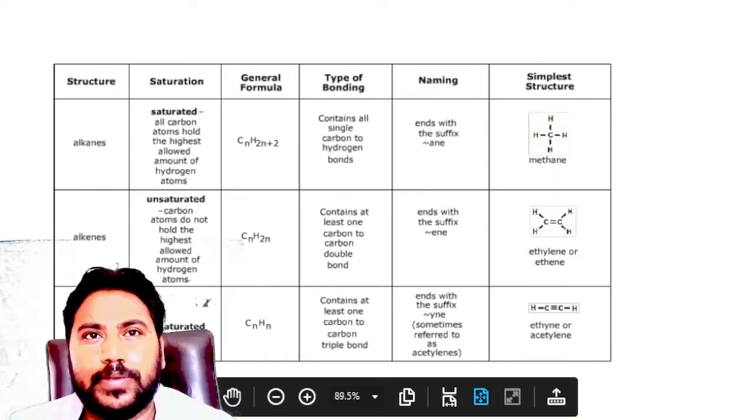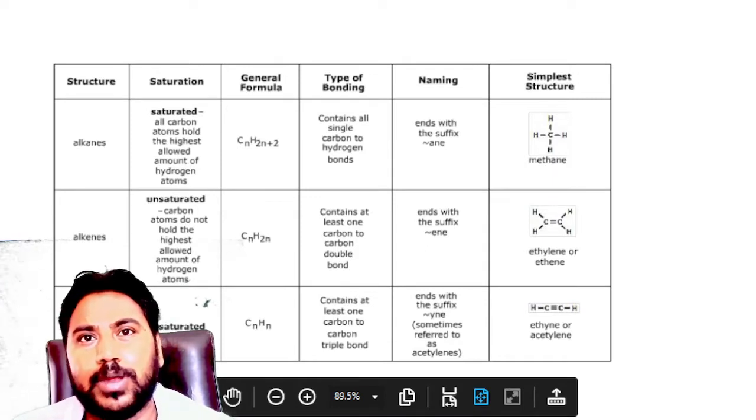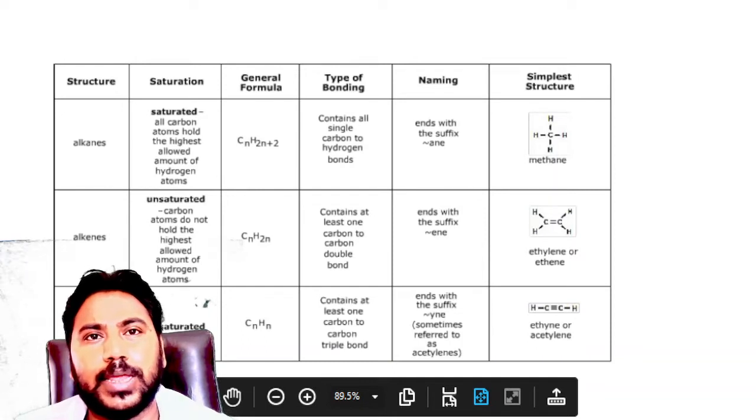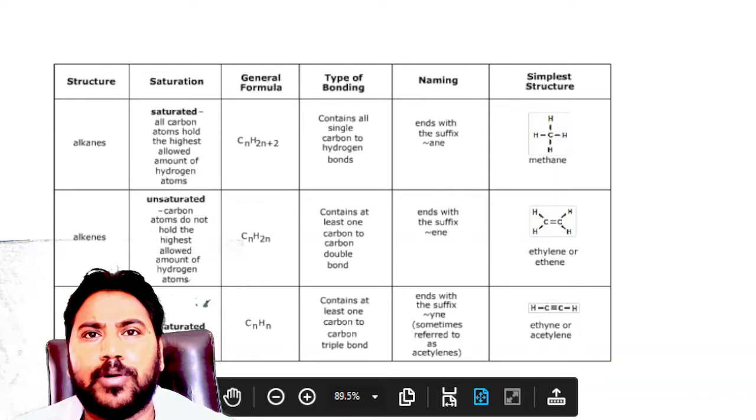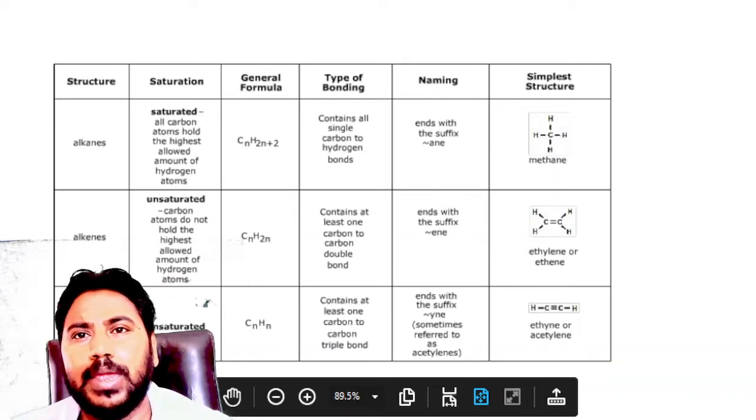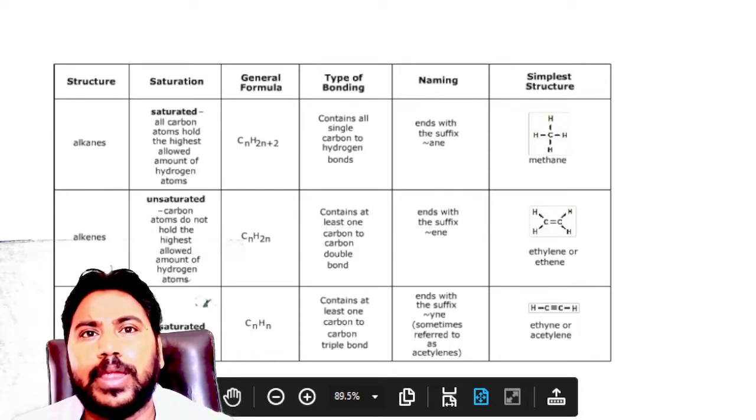Let us summarize this. If we talk about alkane, they are saturated hydrocarbon, and its general formula is CnH2n+2, and they form single covalent bond, and suffix will be "-ane". We can see in methane.